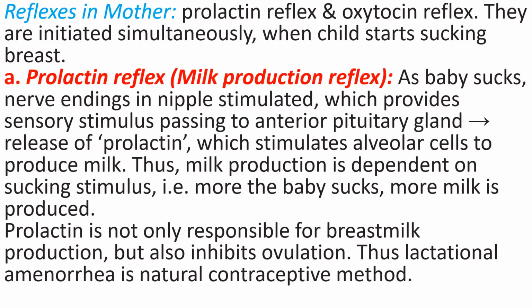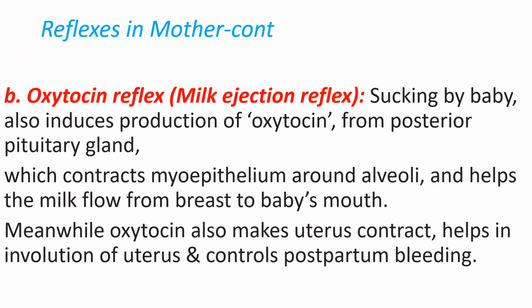Prolactin is not only responsible for breast milk production, but also inhibits ovulation. Thus, lactational amenorrhea is a natural contraceptive method. Reflexes in mother continued. B. Oxytocin reflex, which is milk ejection reflex.